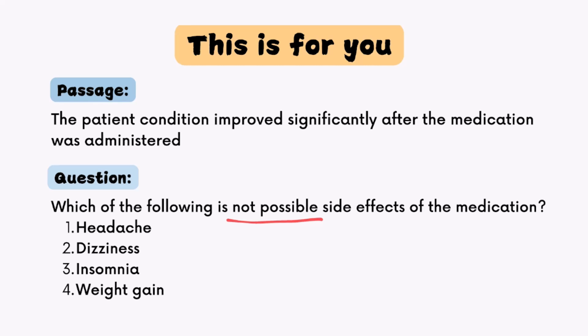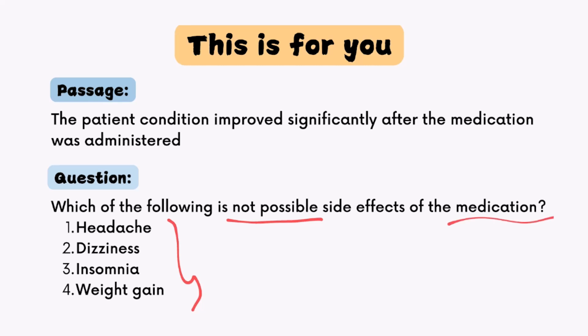Four options they have given: headache, dizziness, insomnia, and weight gain. So once again, read the question carefully. Your focus should be finding the right answer for the appropriate question, right? What's your question? Which of the following is not a possible side effect of medication? Below are the four symptoms. One of the symptoms is not suitable as a side effect of medication. What would it be? All right, headache.